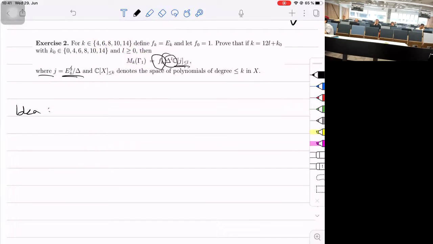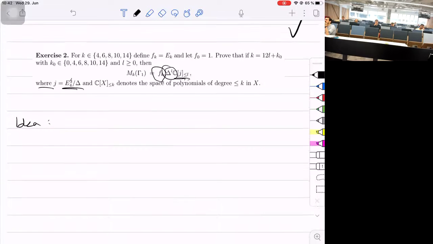So the idea to start is to take this arbitrary weight, a multiple of 12 plus a remainder, and reduce it to something that's a multiple of 12 in weight. Then we have the discriminant function to deal with that part, and the remainder bit is going to give the Eisenstein series part.